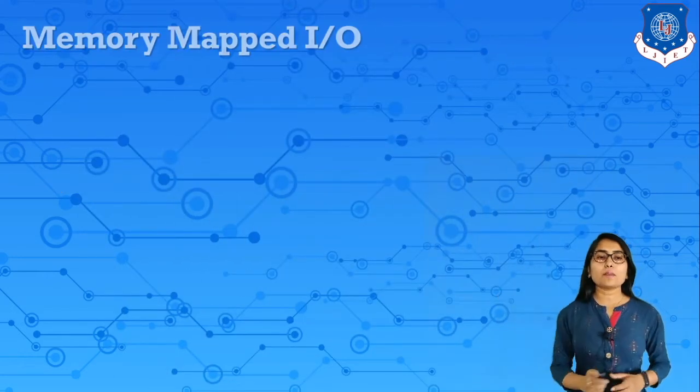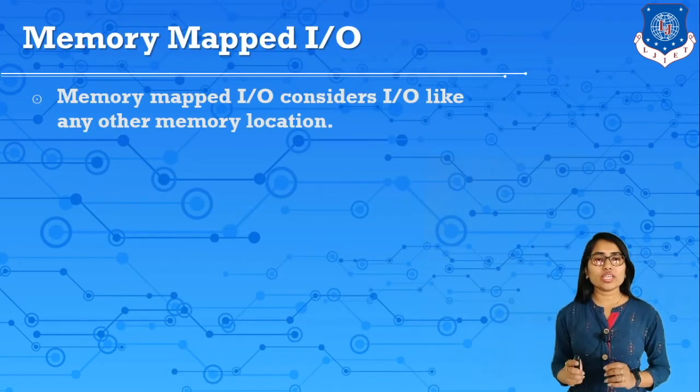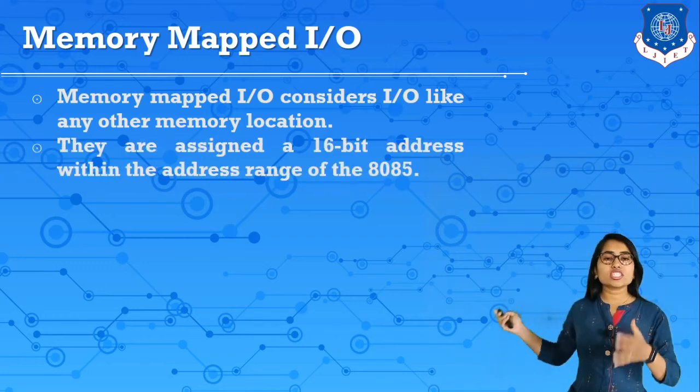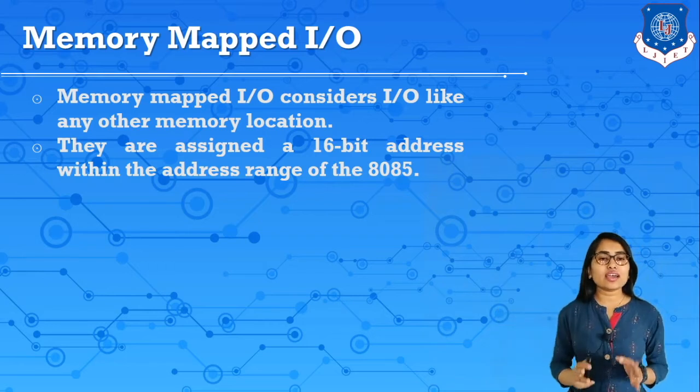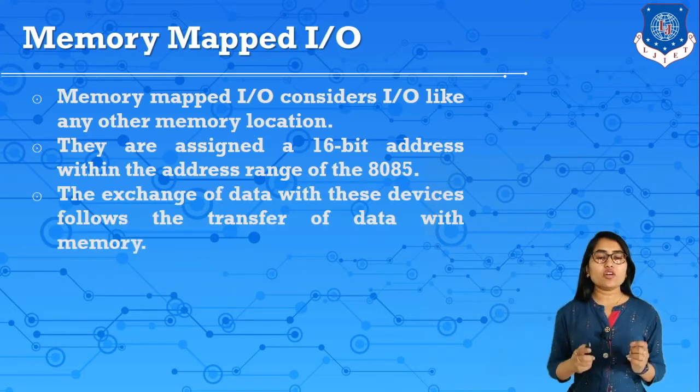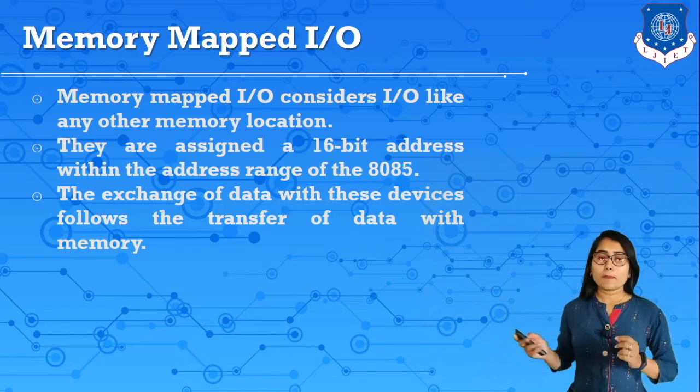Memory mapped IO considers input output like any other memory locations. They are assigned a 16-bit address within the address range of the 8085, and the exchange of data with these devices follows the transfer of data with memory.